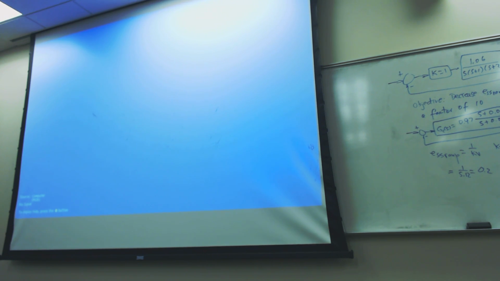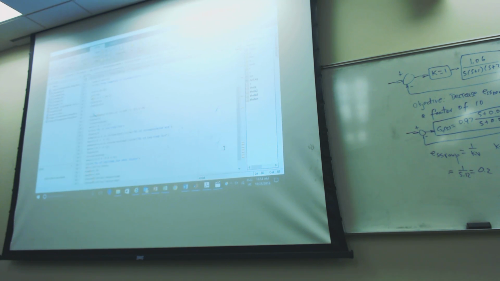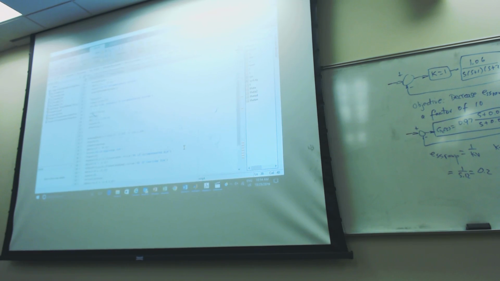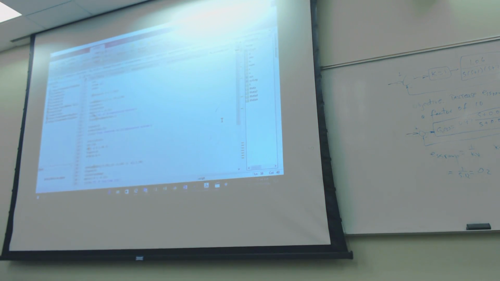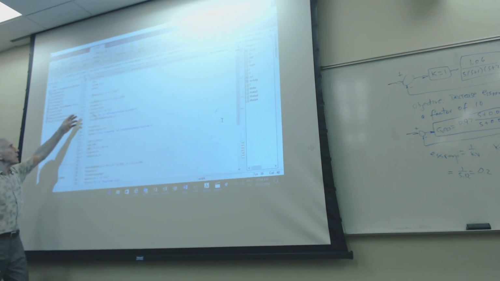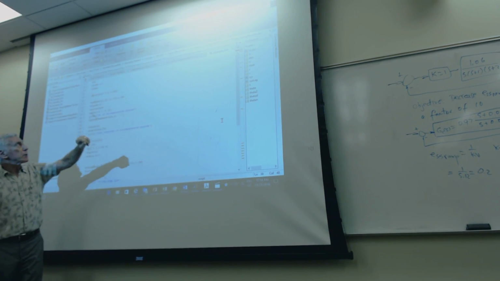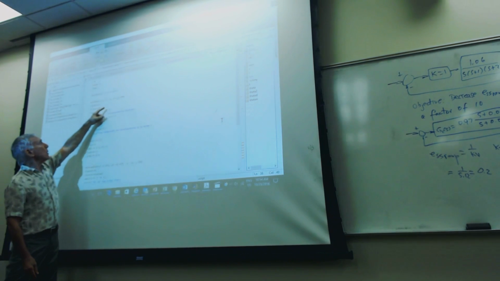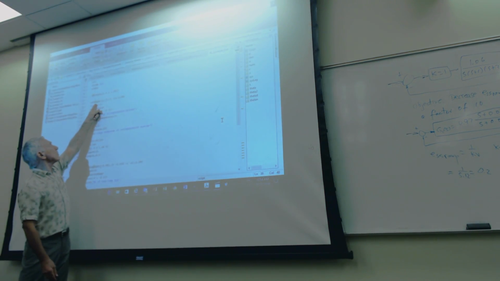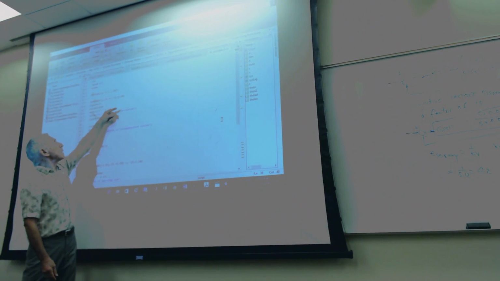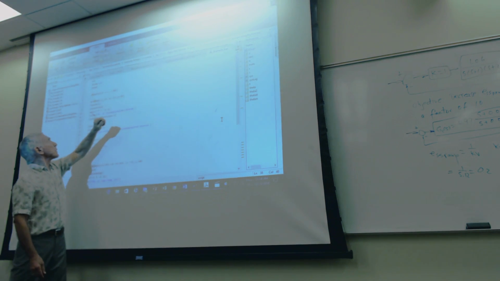And so anyway, this is the code here. Maybe you're interested in that, I will post it. So I define the original system, the open loop transfer function, in terms of the ZPK command, and you see the 1.06.